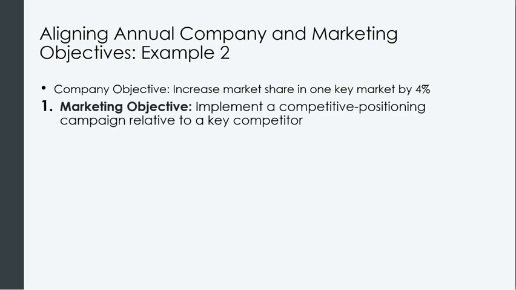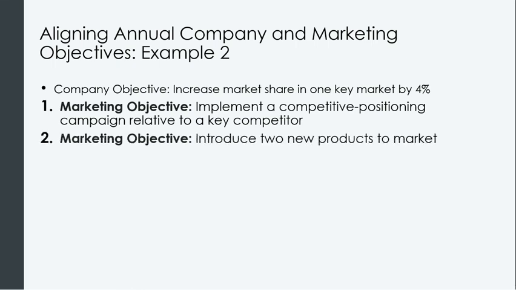The first objective is to implement a competitive positioning campaign relative to key competitors. The second is to introduce 2 new products to the market. If the company introduces any new products, that should cover a new area in the new position in the market.